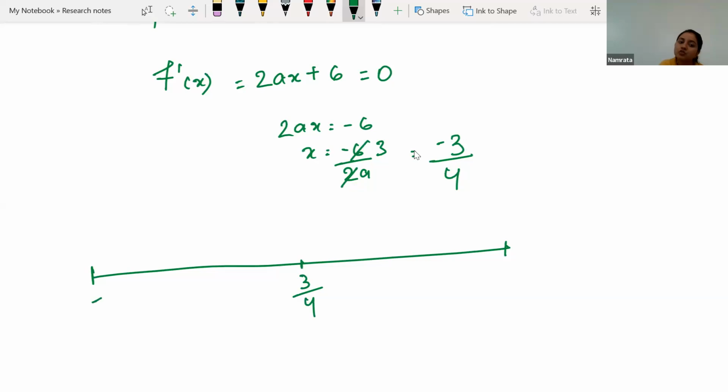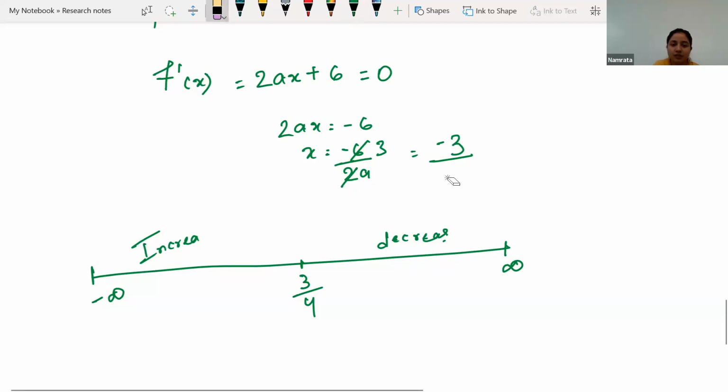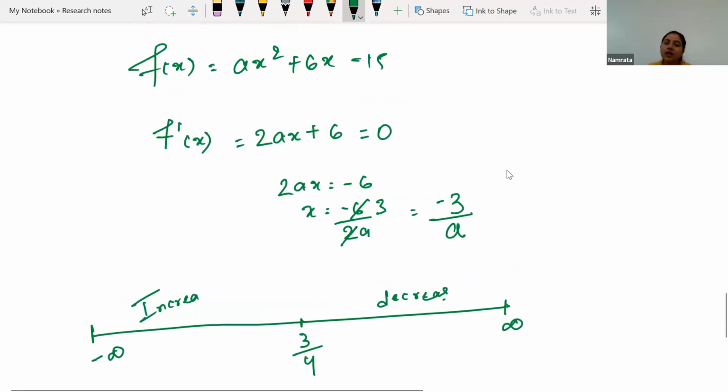It is already mentioned in the question that here the function is increasing and here the function is decreasing. Now here we were having minus 3 by a. How have we written 3 by 4? Here we have got minus 3 by a. We have got the x value in terms of a.